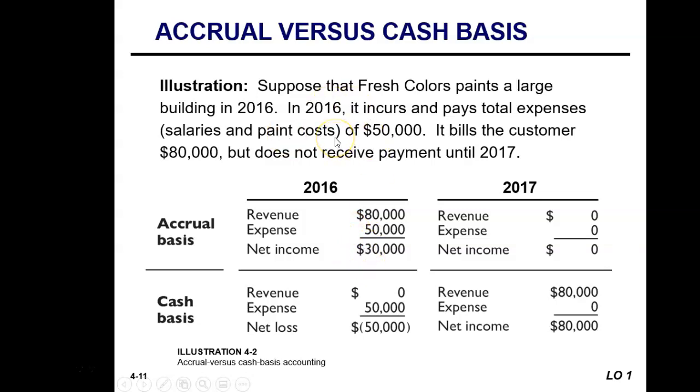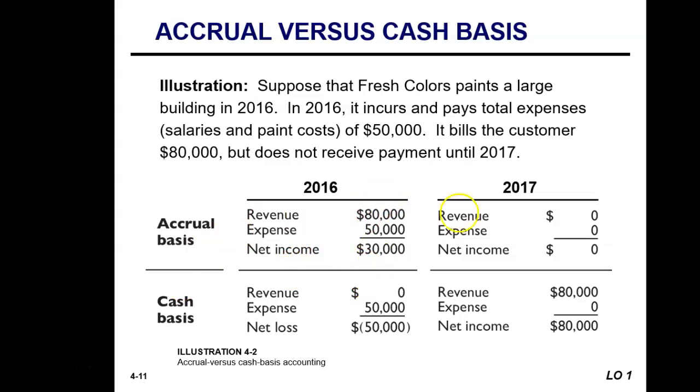Now with the cash basis, notice that there's not any revenue recognized in 2016. That's because cash has not been received, and the expense will be shown for $50,000. So on the cash basis, we will have a net loss in 2016 of $50,000, compared to the accrual basis, a net income of $30,000.